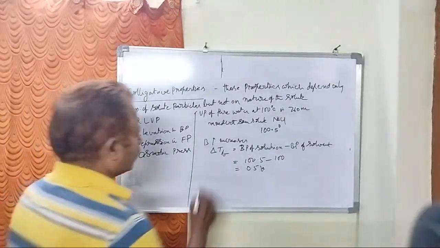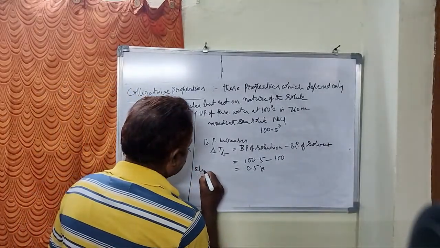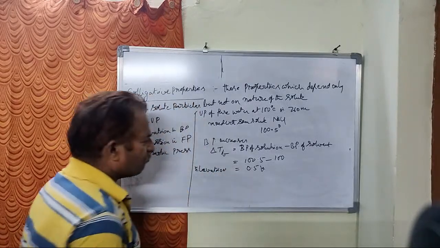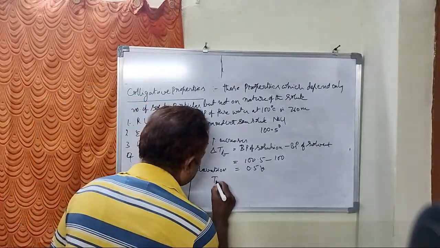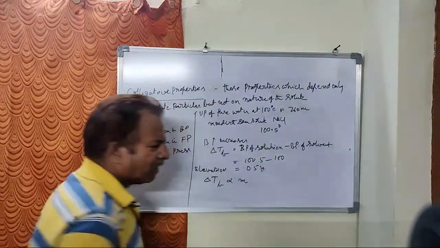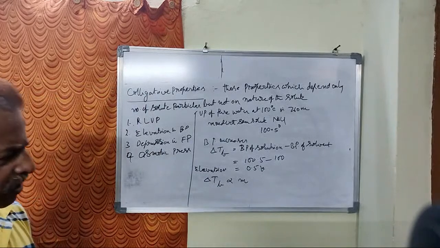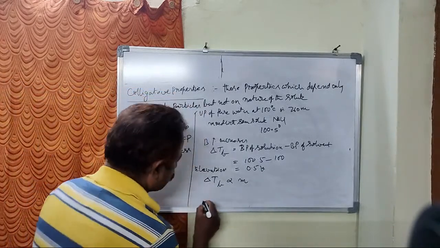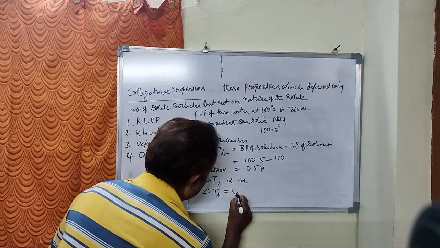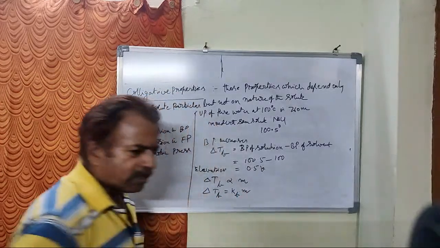Now there is a relation for this increased boiling point, which is known as elevation. Elevation means increase. So elevation of boiling point delta TB is proportional to molality of the solution. To remove this proportionality, we can keep a constant: delta TB equal to Kb into m. What is Kb?